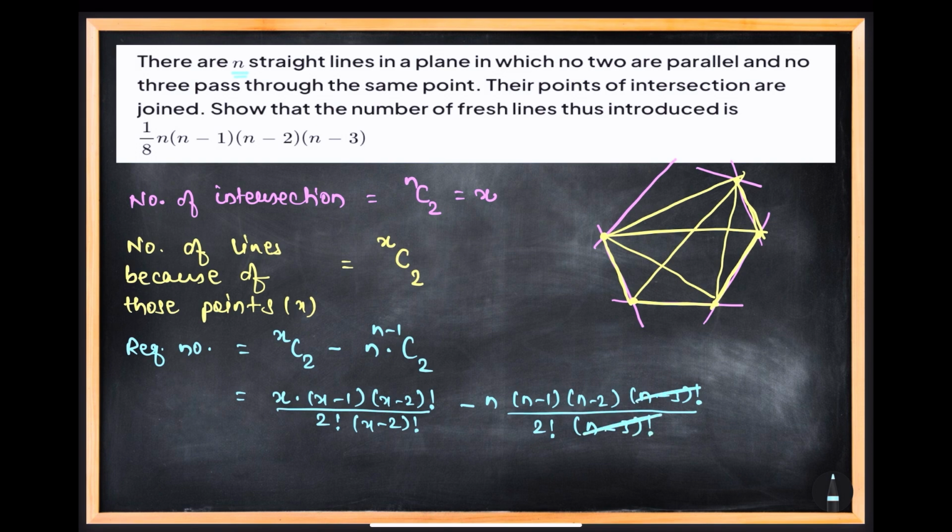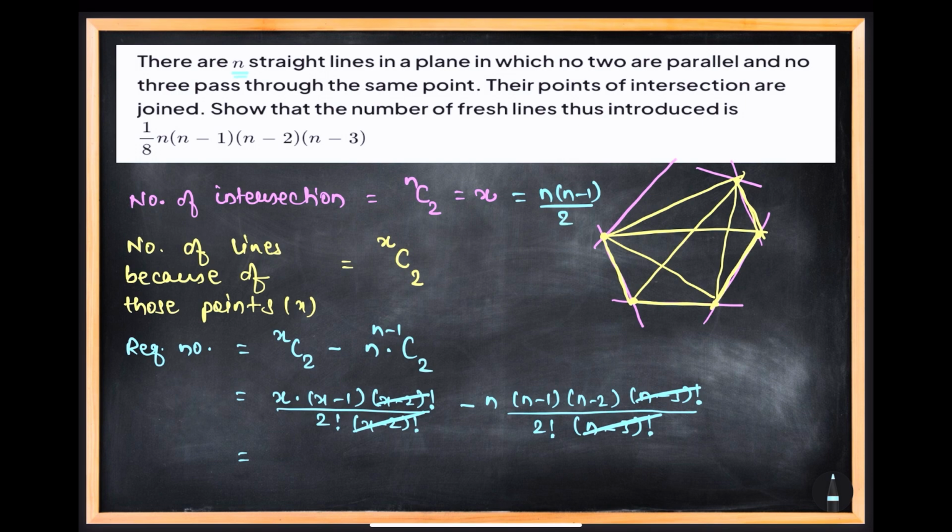Now for simplification, I'll replace x. So who is x? Look here. So n into n minus 1 into n minus 2 factorial, and the denominator n minus 2 factorial will be neutralized, leaving 2 factorial, so it will become 2.